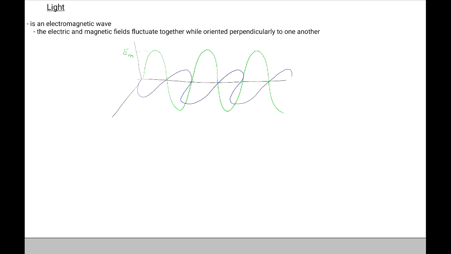So this would be the amplitude B max of the magnetic field, and that's B and that's E. So that's what we mean by saying that the electric field is perpendicular to the magnetic field, and the same thing in these situations.